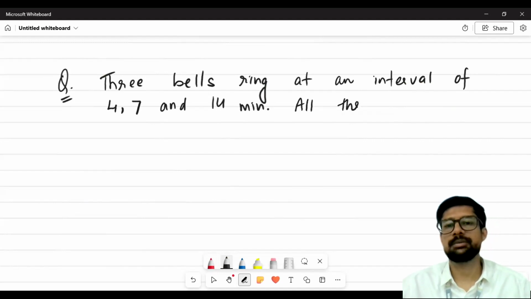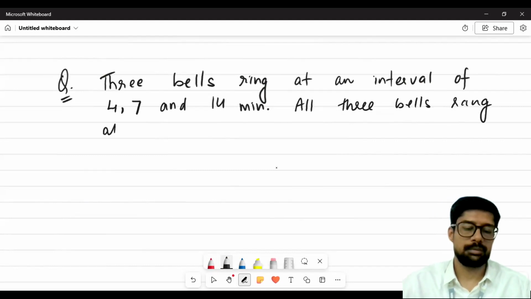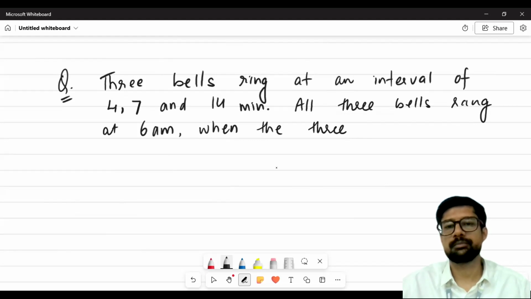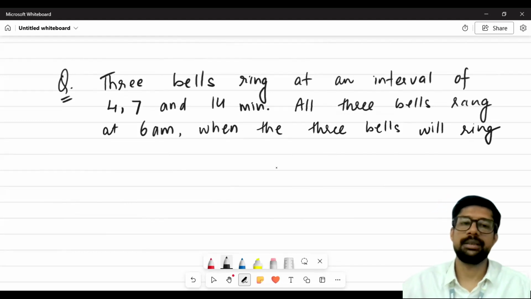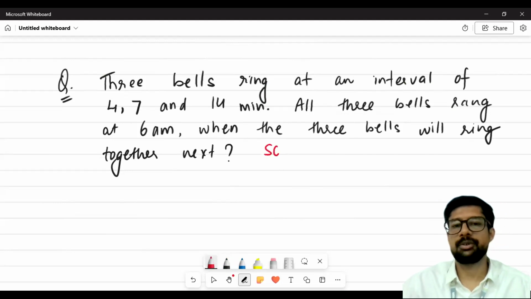All 3 bells rang at 6 a.m. When the 3 bells will ring together next. SQP 2020.